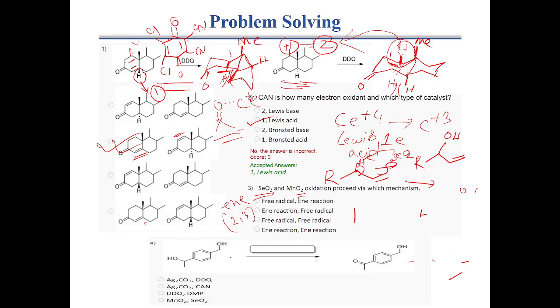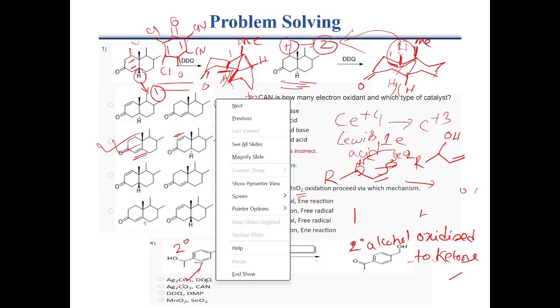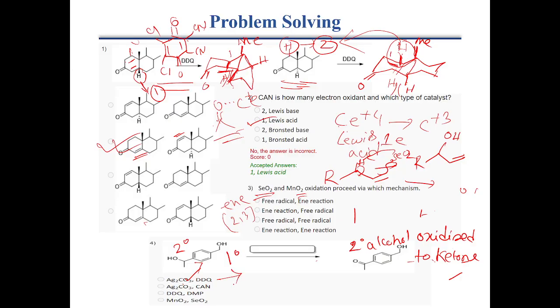Next question is, there are two types of alcohol, secondary alcohol and this one is the primary alcohol. So the secondary alcohol is oxidized to ketone, right? In presence of Ag2CO3, secondary alcohol is oxidized to ketone, but not in case of DDQ.